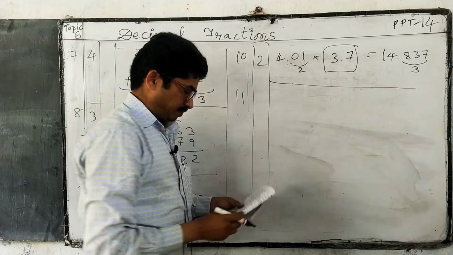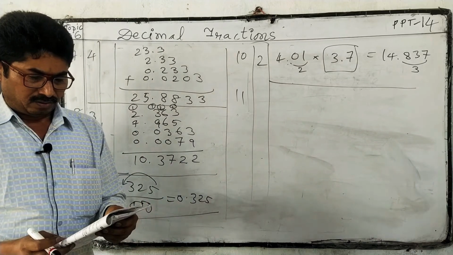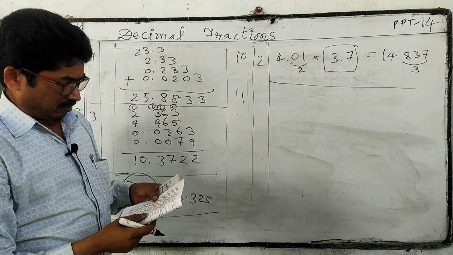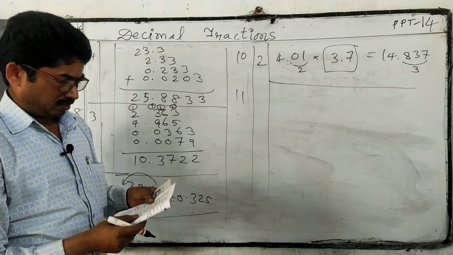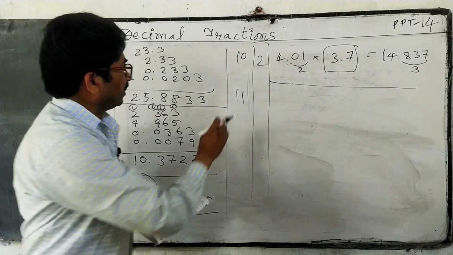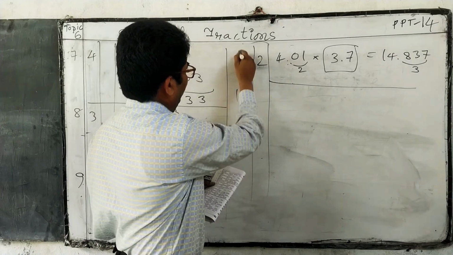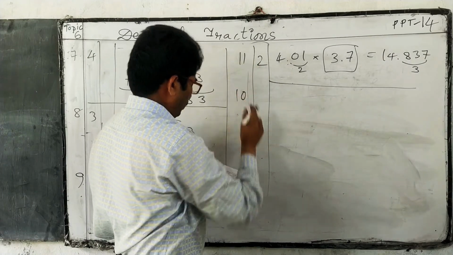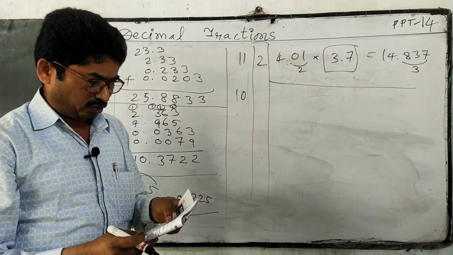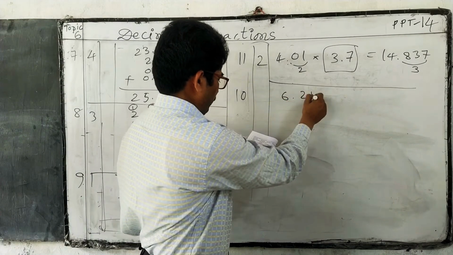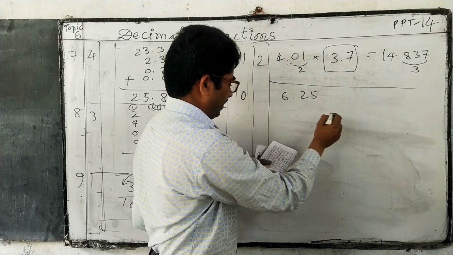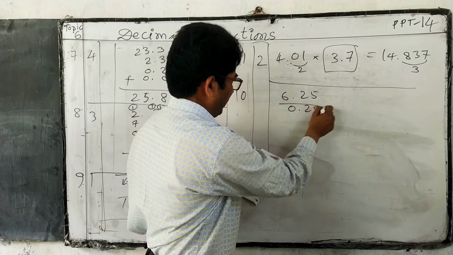So children, this is the 11th problem. Observe carefully. What will come when 6.25 is divided by 0.25?